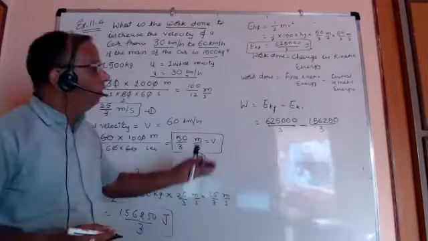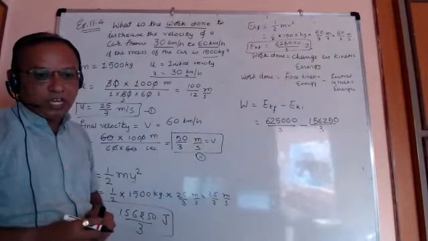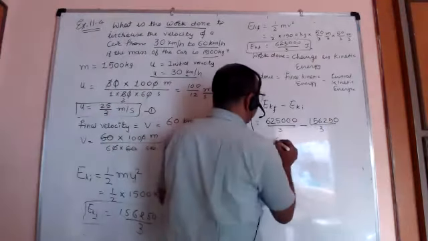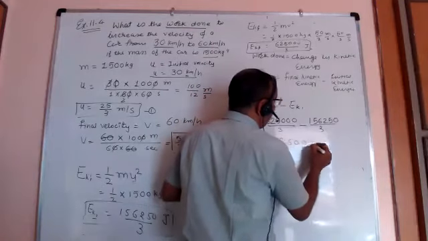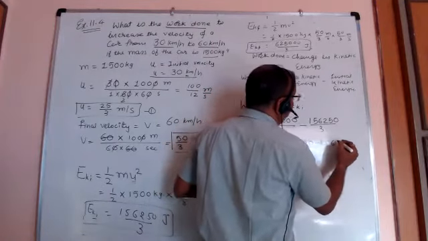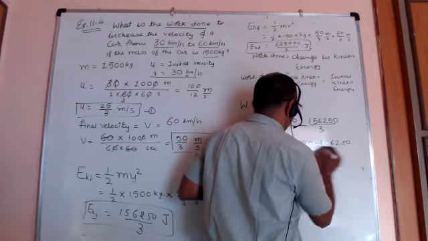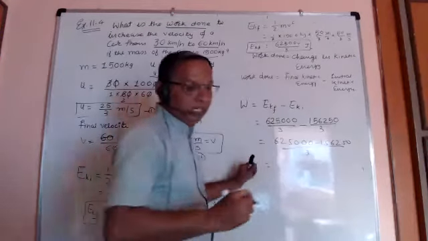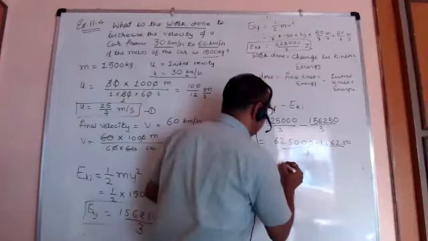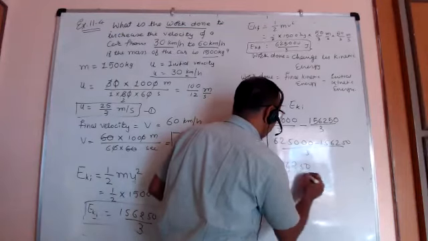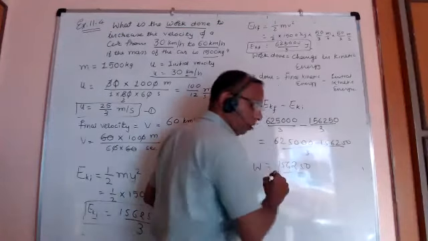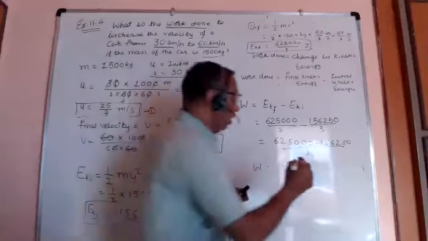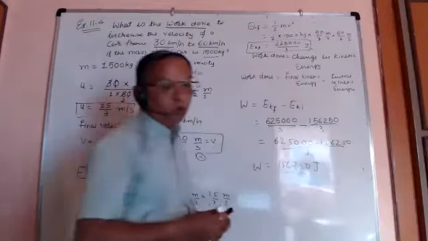Simple thing is that 3 is the common denominator, and when you subtract 156,250 from 625,000 by 3, you will get the answer 156,250, and this is work, and work also has the same unit, that is joule.